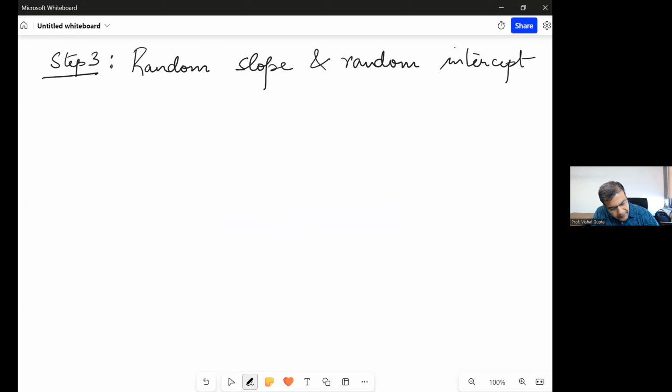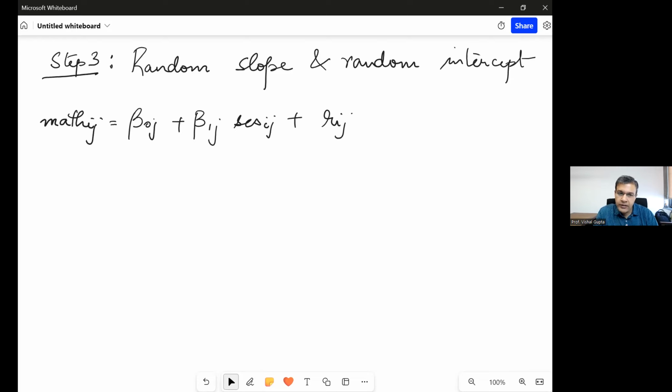Now what are we saying? We are saying math ij is equal to beta 0j plus beta 1j ses ij plus rij. We had written these equations yesterday also, but I am writing it again because we will derive the R command from this.